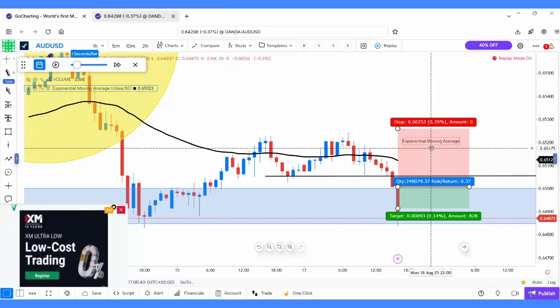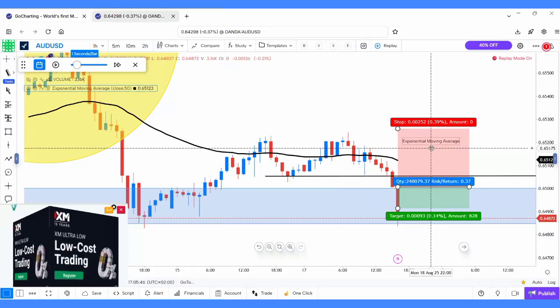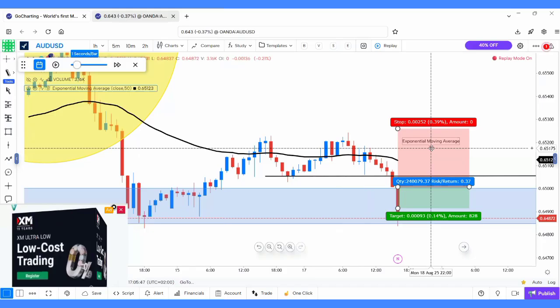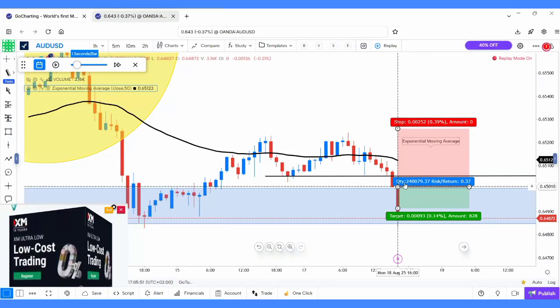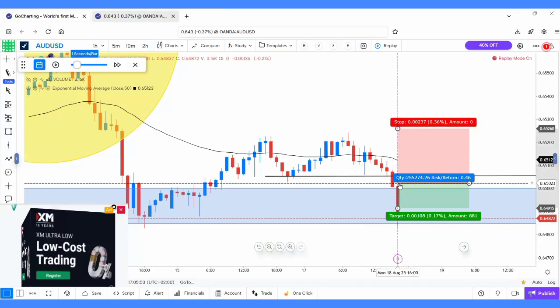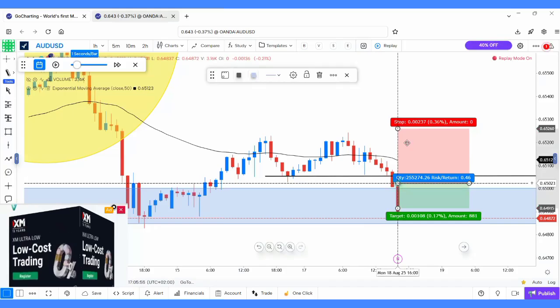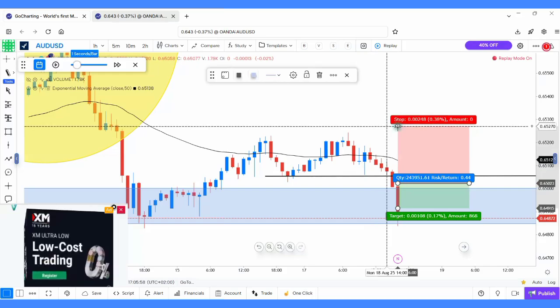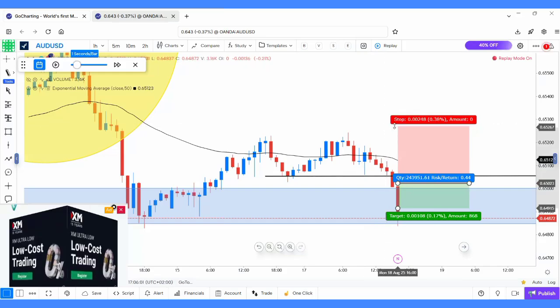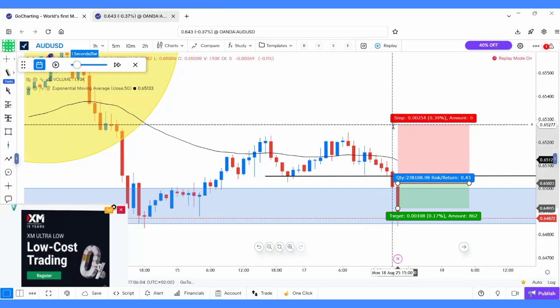I just wanna enter the trade because sometimes you might miss. All right. So in actual fact, my entry was above here. All right. So I still kept it as 25 pips.